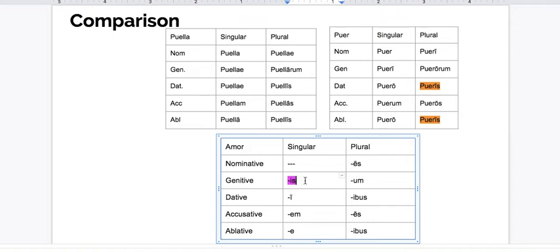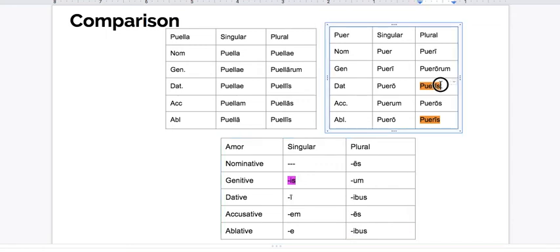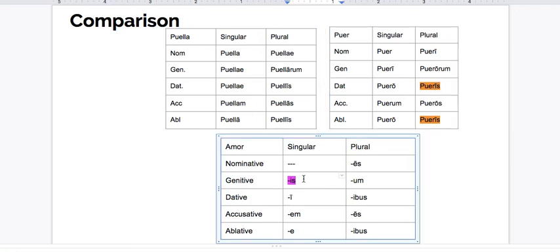I don't even need to know really what declension it's from, because the only form that will have an is will be the genitive singular, with the exception of a couple of nominative singulars in the third declension as well. But if we see is with a macron, we know it's either ablative or dative plural. But if we see an is without a macron, we want to think genitive singular. So that's a key trick to remember as well.